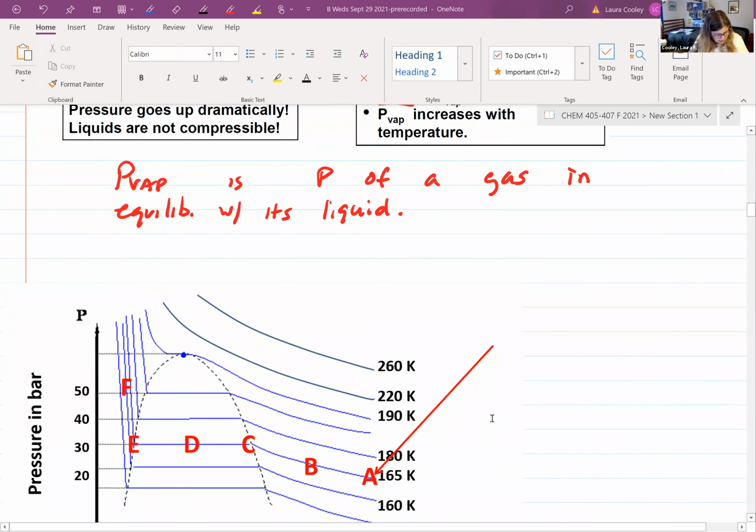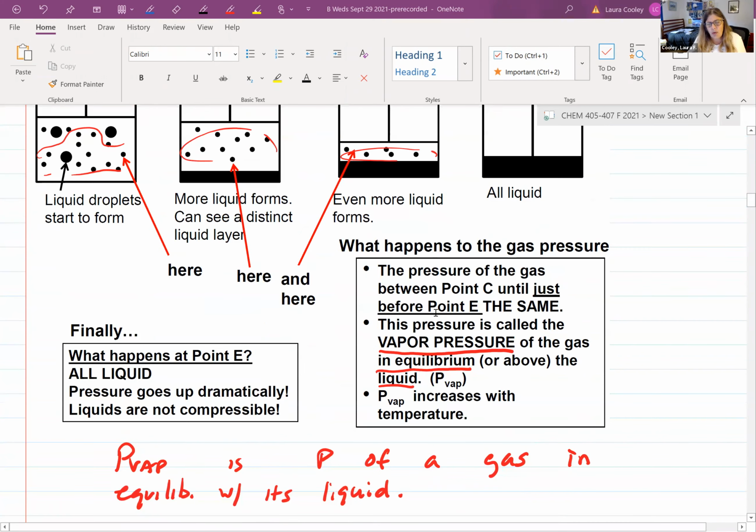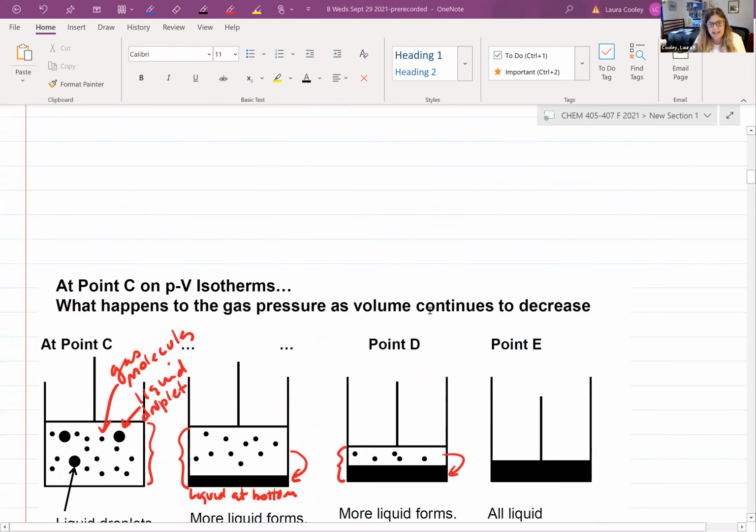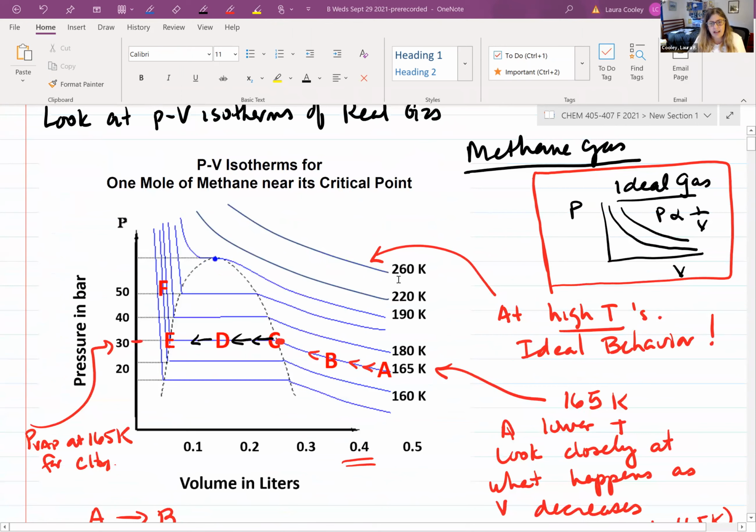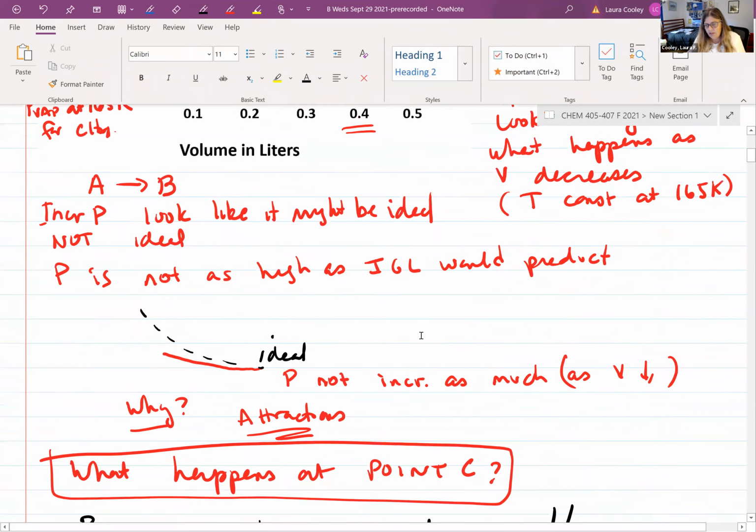All right, so let's see. What happens now at this point, which is labeled E? That's at the end of this horizontal region, right here, point E. At point E, all the gas has been converted to liquid.